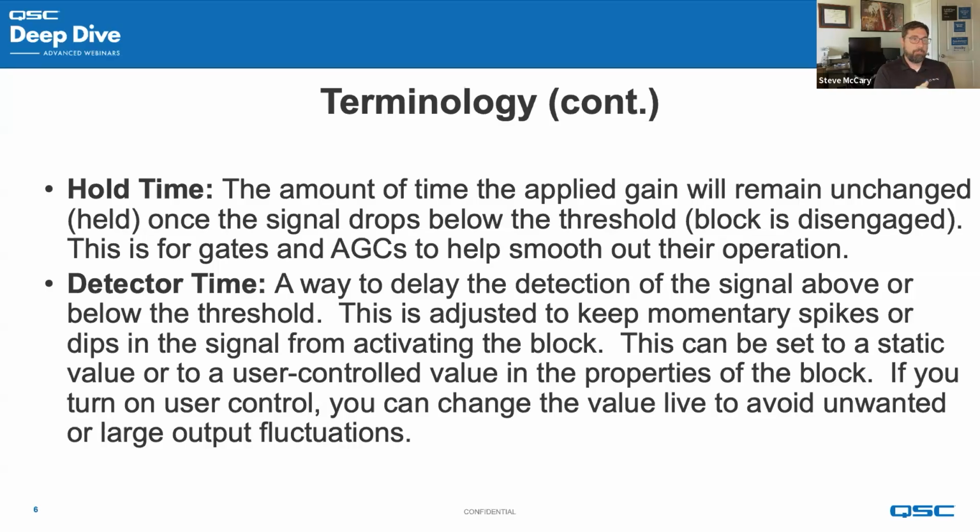In some of the blocks, this is a value in the properties, so that is a design time change. However, there are several of them that you can change to user controlled, which means you can do it at runtime. All of the blocks that I will show you today have the user controlled version turned on, and those are kind of highlighted. But if you were to set that static, that control just would not appear in the block.